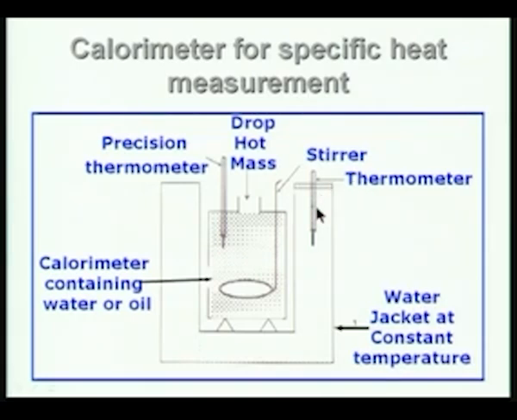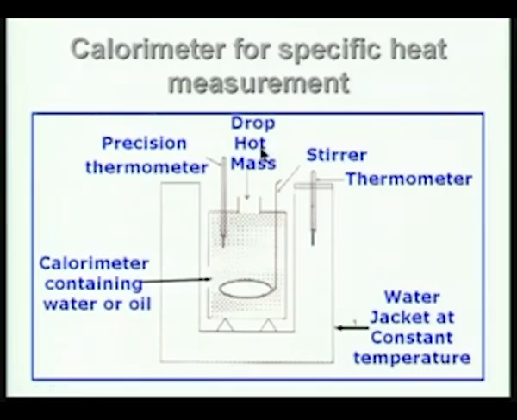So, the experiment is very simple. You take a certain amount of the material, usually in the form of beads or pieces of the material whose thermal specific heat I want to measure, and heat it separately in a different environment.